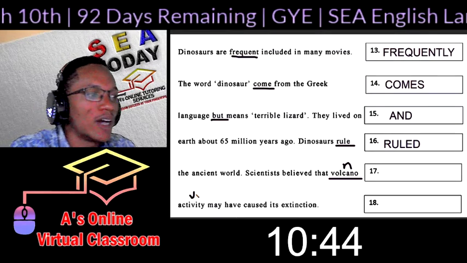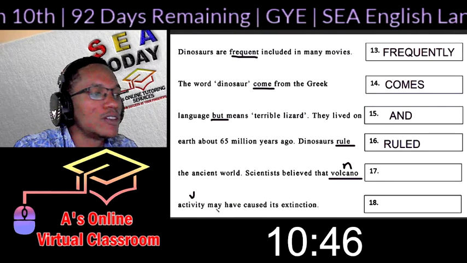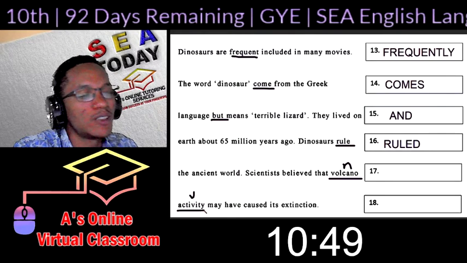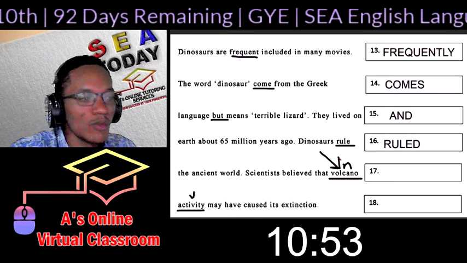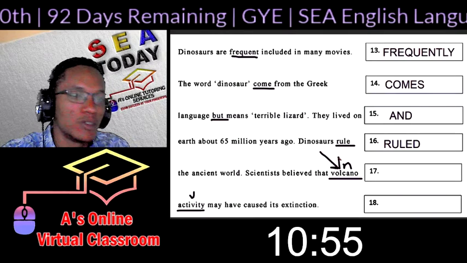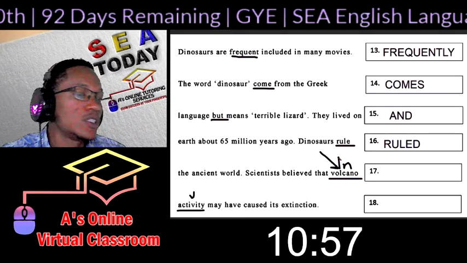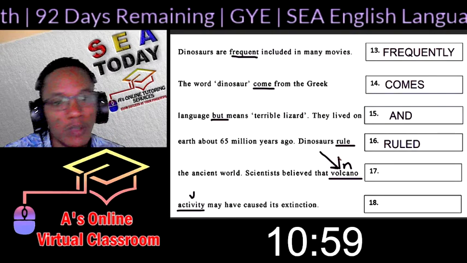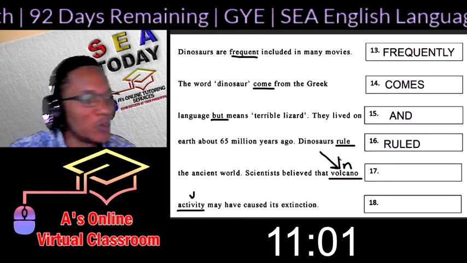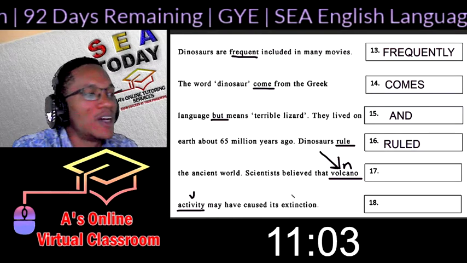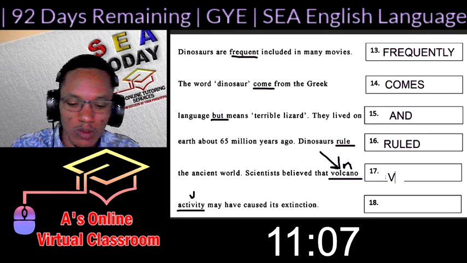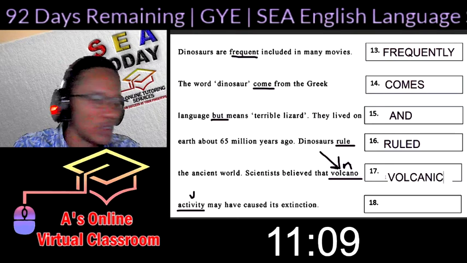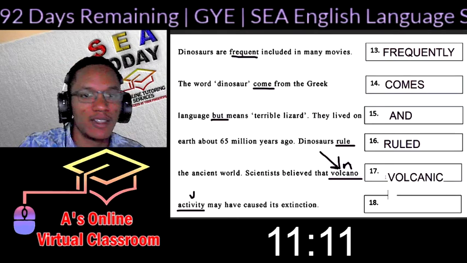So we're going to look at the word that is describing activity, which is volcano. Volcano here is describing activity. So if activity is a noun, we want something to describe a noun, we actually want an adjective. And the adjective form of the word volcano will be volcanic.